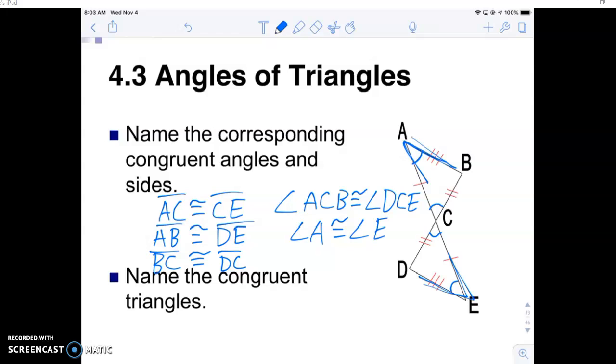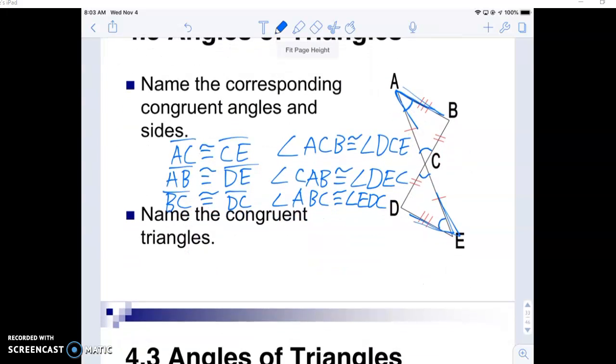Actually, let's be precise. We would go angle CAB is congruent to angle DEC. And last, we have angle ABC is congruent to angle EDC. Alright, there we go. Sorry, it took a long time.